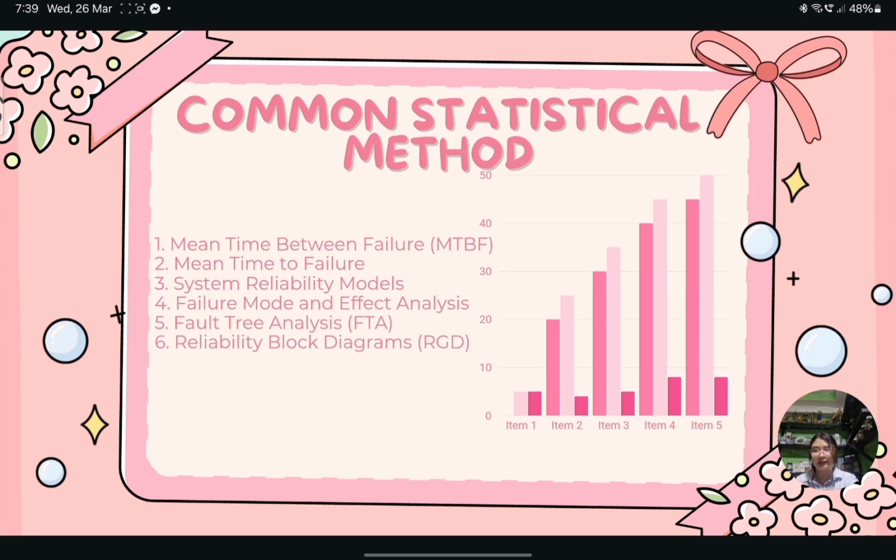Let's explain the failure mode and effect analysis. It is also used in the automotive and aerospace industry to identify the weak points in design before production.